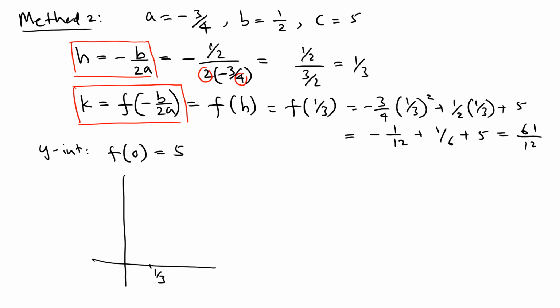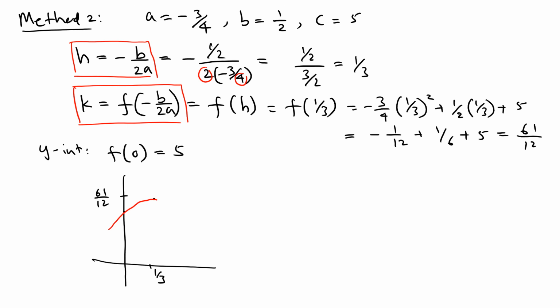That's just a little over 5. So this is the value 61/12, and then we also know the y-intercept, which was 5. So now we can graph the function, which has to go through these values.